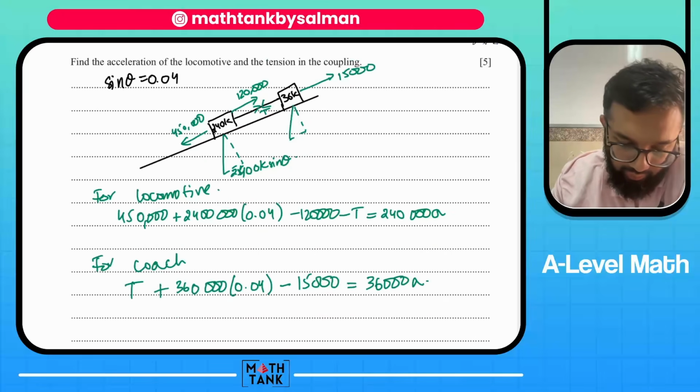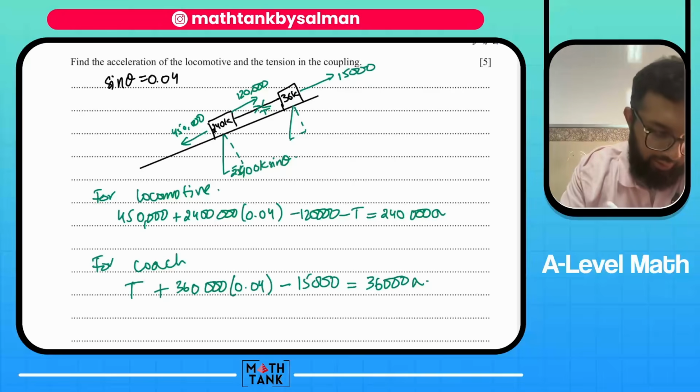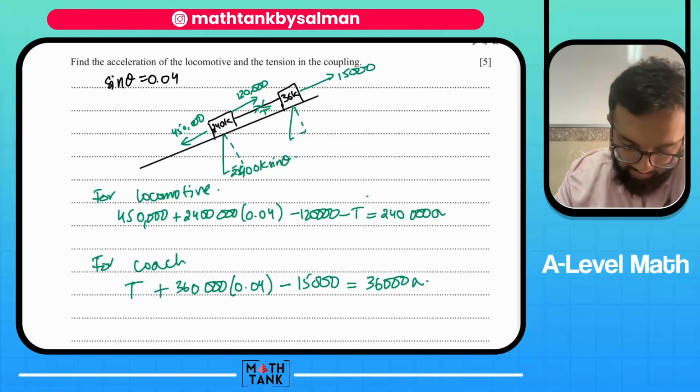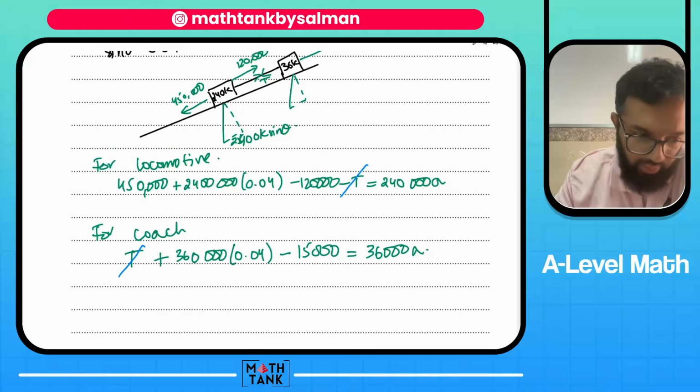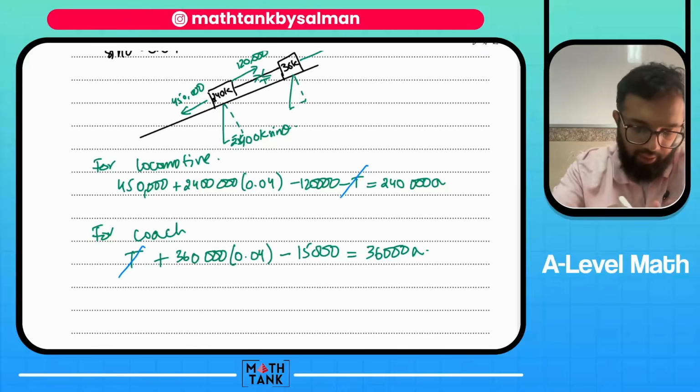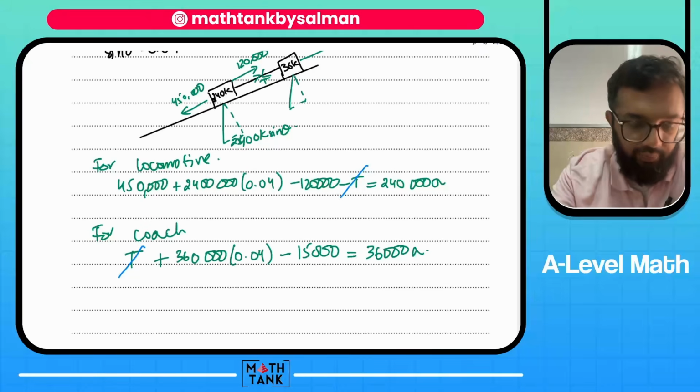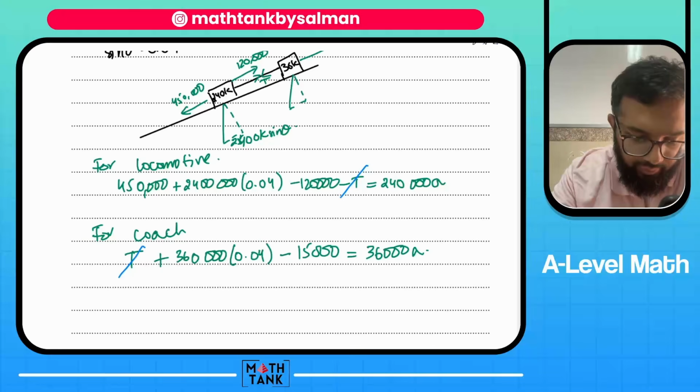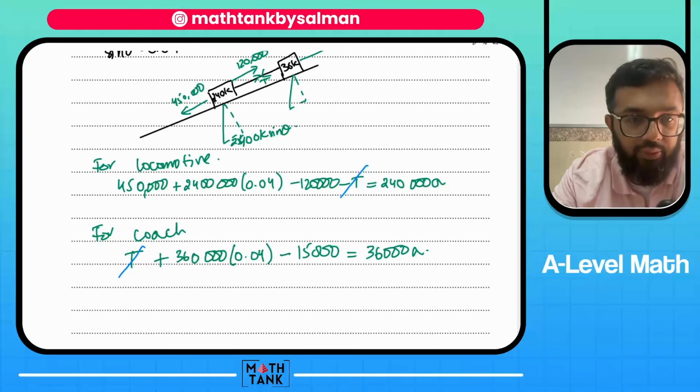I think then I can just do a simultaneous thing and see what all of these add up to. So 450,000 is the driving force, and then 240,000 g into 0.04 minus 120,000, and then plus 36,000 g into 0.04 minus 15,000.